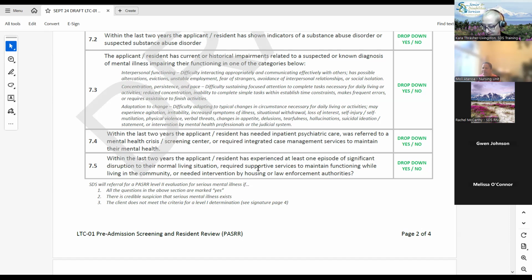What about if they're going from one LTC to another? So that would be a transfer. It may not necessarily be considered an initial admission, depending on what kind of facility.